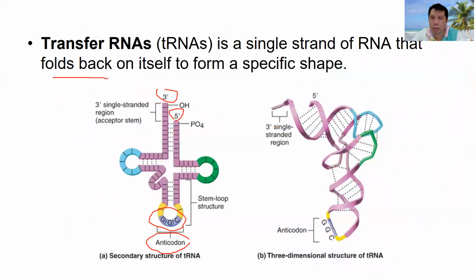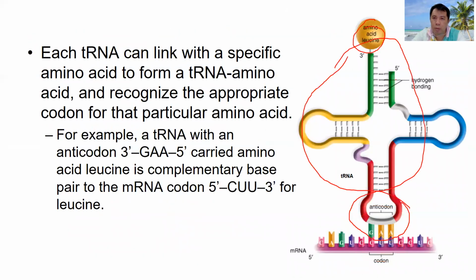So from here we will know which amino acids will be carried by the tRNA. For example, with GAA or AAG, from this anticodon we can come up with the codon. Once you have determined the codon, we can refer to the genetic code table to find the amino acid carried by that tRNA.